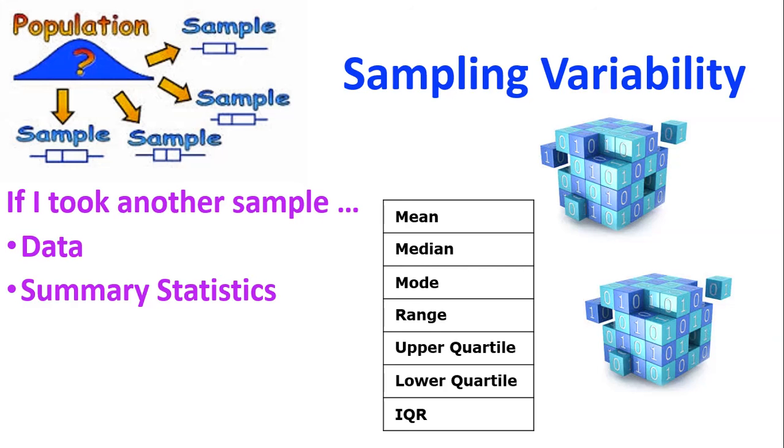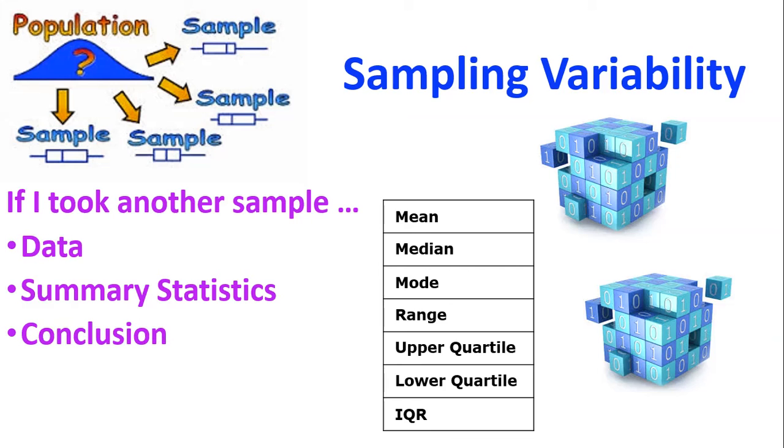But the median height of a student in one class, if I think about where the middle height in that class was going to be, compared to the middle height in a second sample, those middle heights should be similar to each other, round about the same, because they're both still part of the population that we're interested in. Remember, our sample is representative of the population. So our summary statistics are going to be similar.